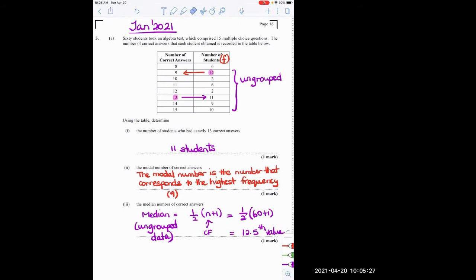So we're going to start a count until we get, no, sorry, this is 30.5. We're looking for the 30.5th value, right? Did you all get half of 61, 30.5?